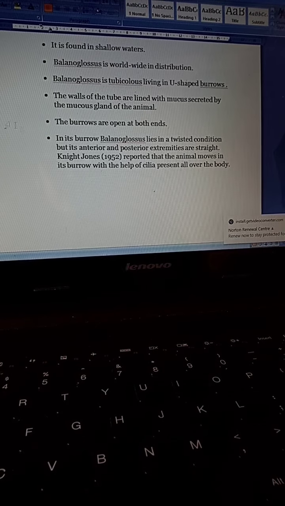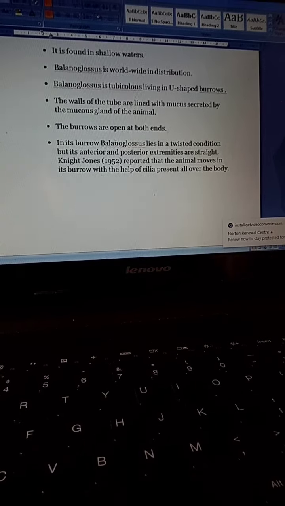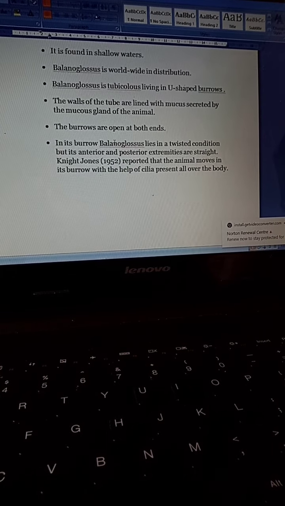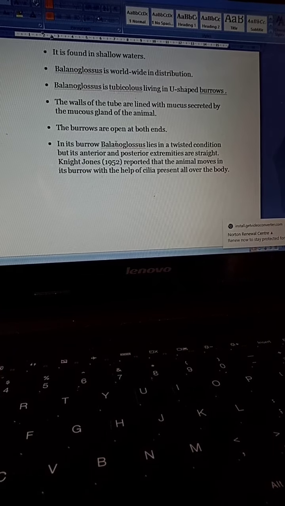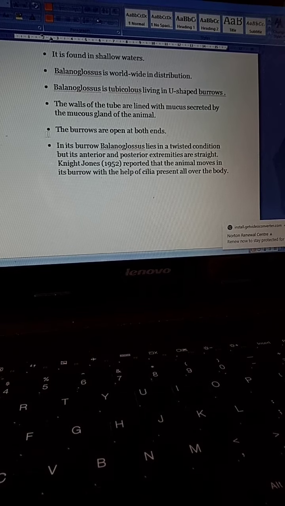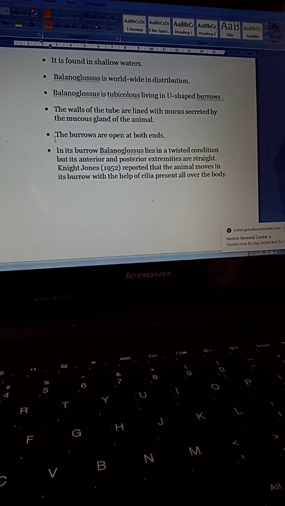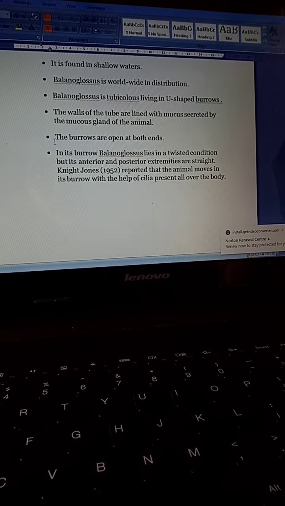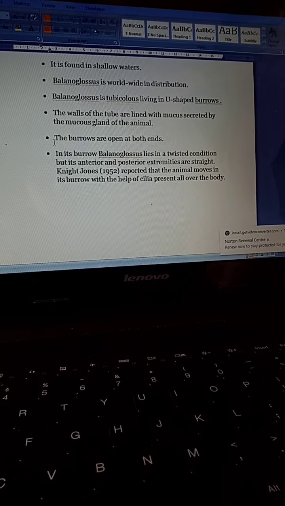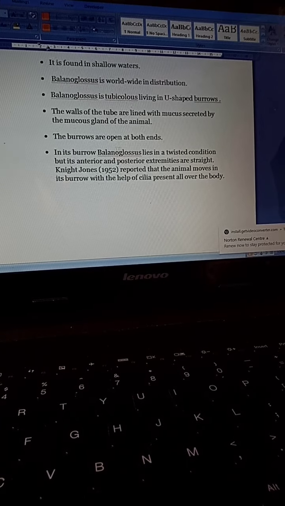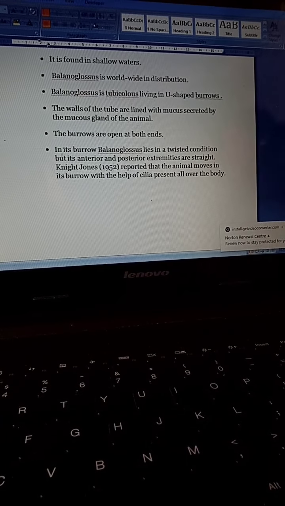Next point, the burrows are open at both ends. Balanoglossus injects its proboscis into the sand and slowly runs into the sand, making the burrow in a U shape, so the burrow is open at both sides.